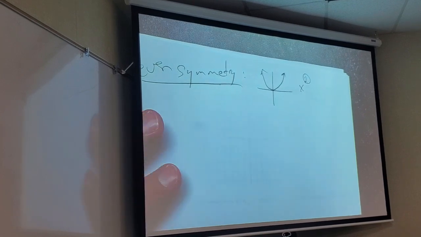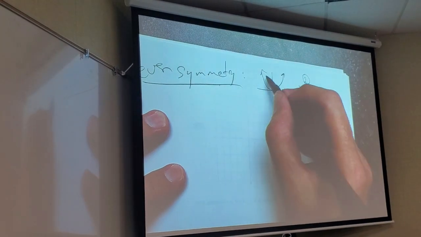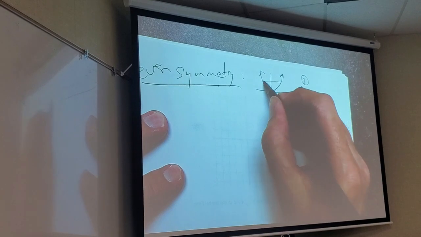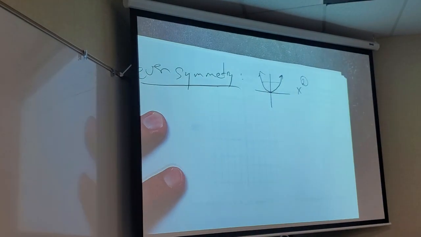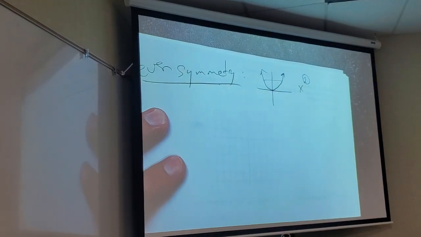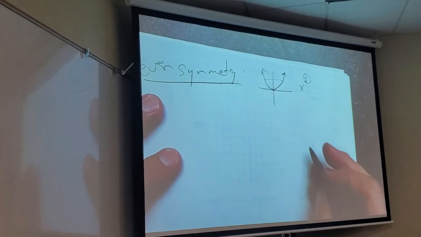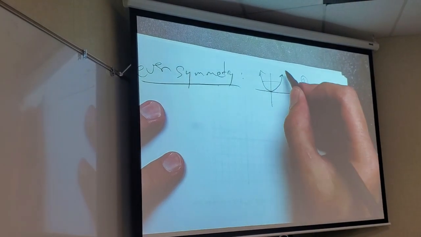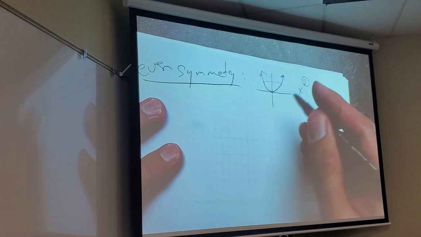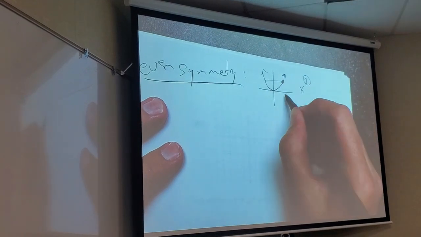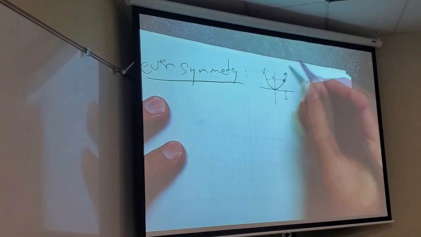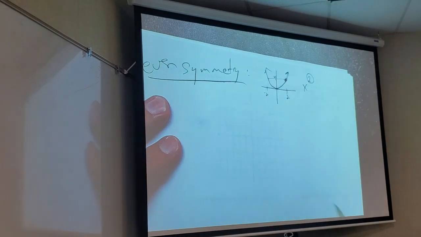Even symmetry essentially says it's reflecting around the y-axis. So if there's a point here, (2, 4), then there's also a point here, (negative 2, 4), right?